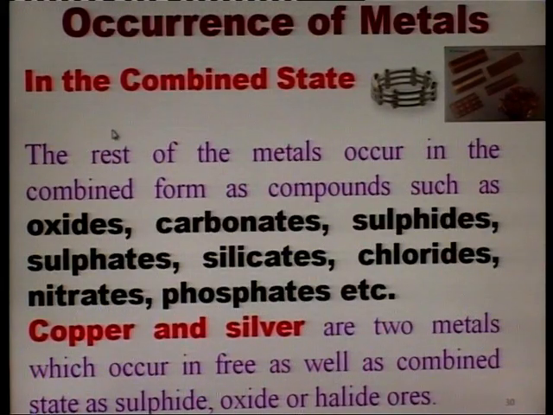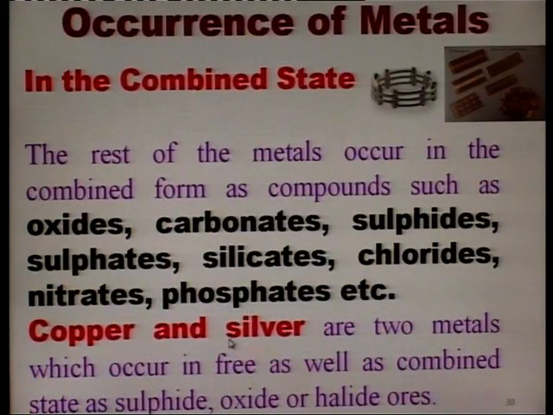In combined state, the rest of the metals occur in combined form as compounds such as oxides, carbonates, sulfides, sulfates, silicates, chlorides, nitrates, and phosphates.